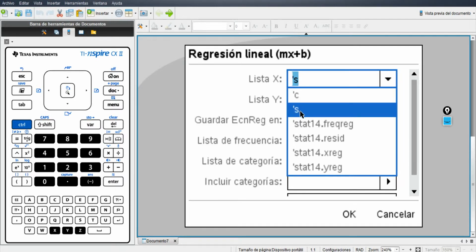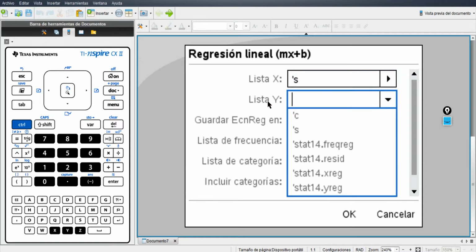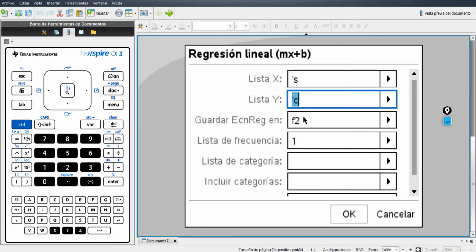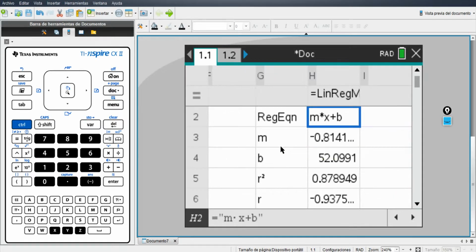But now we're going for tickets sold, and for the Y variable, the cost. We click on OK, and that's it, guys. That's all you need. And here we have again M, which stands for the slope or the gradient of the line, and B for the intercept. So let's actually write this down, the regression line.